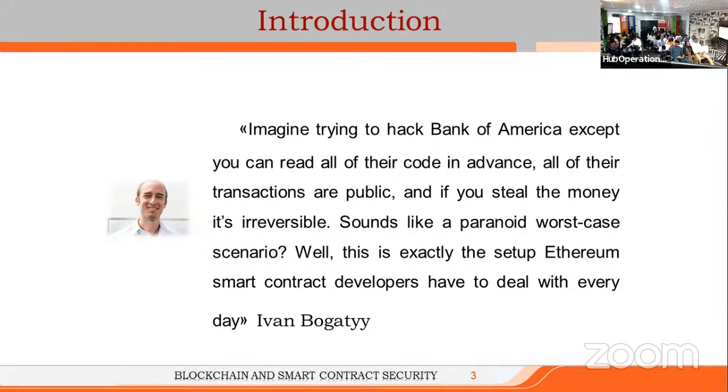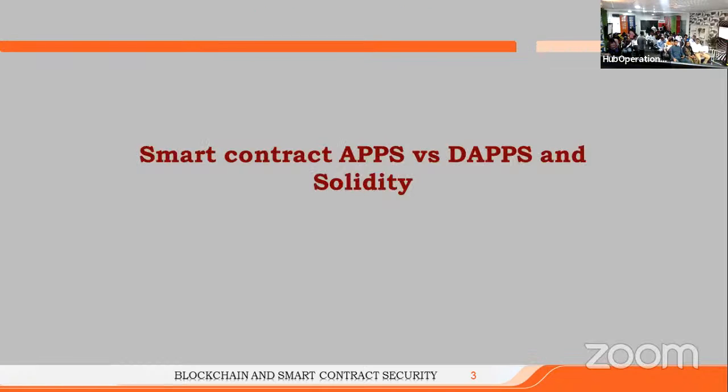However, transactions are irreversible. When you send money to a wallet, it is impossible to reverse it. So it's like being paranoid. That's why developers deal with that every day.